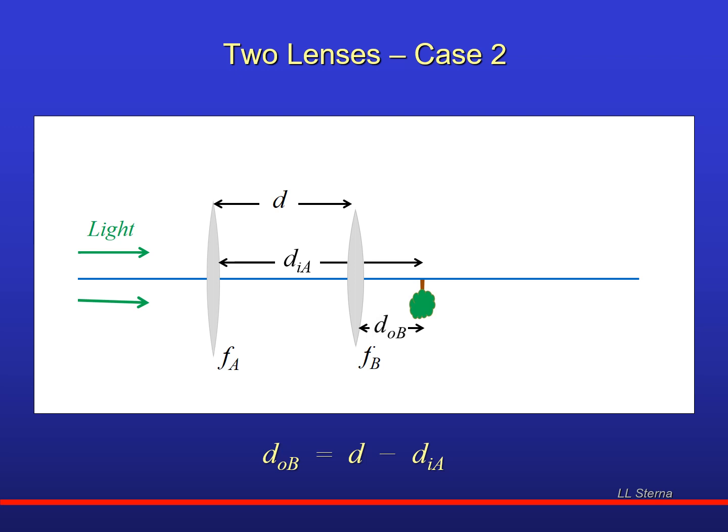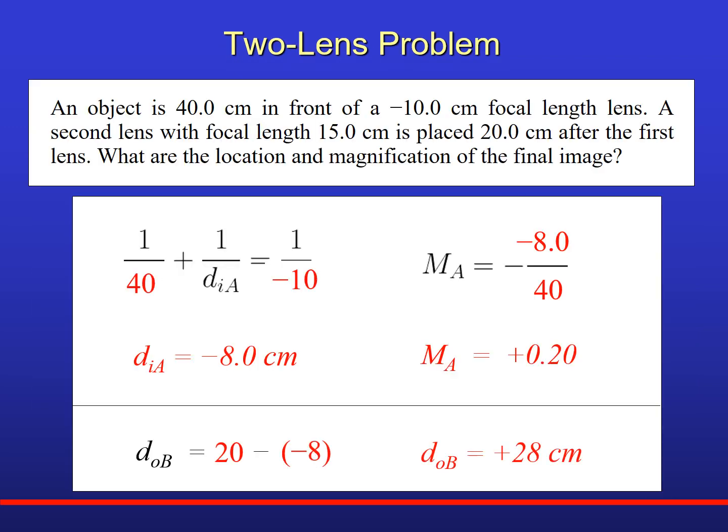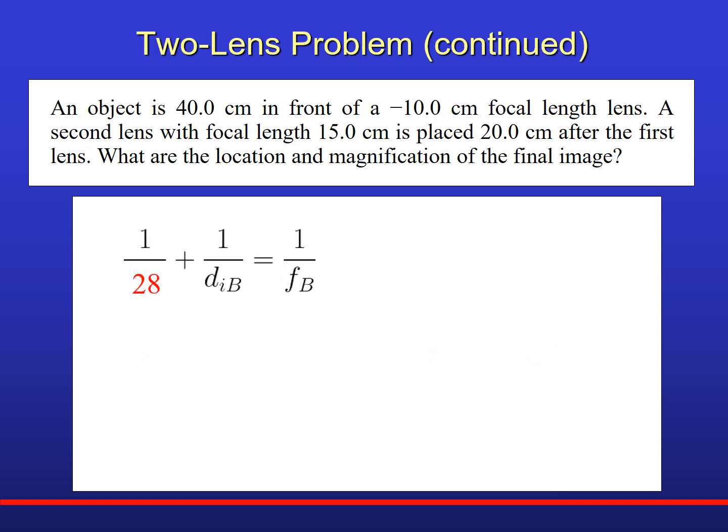Let's do a quantitative example. And I want to set it up as cells. D sub OB is 28 centimeters. We put in the 28 centimeters. F sub B, the focal length of the second lens, you go back to the problem, that's 15. Now I can solve for the image distance for the second lens. D sub IB is 32.3.